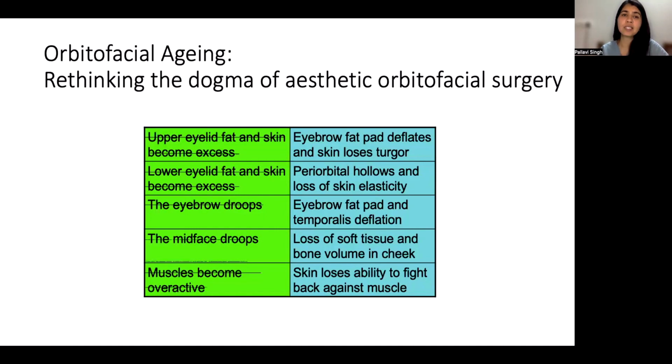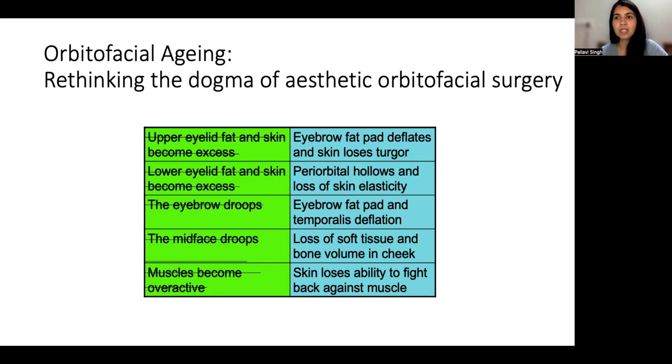So one of the things that I think it's important to stress about, and I think Dr. Rizuja already talked about it, but the concept of excessive skin, which was very popular earlier, has changed. That concept has changed to volume loss as we age. So what essentially happens is that the subcutaneous and the deep fat pads that we have in the face tend to lose volume, and that gives the appearance of having excessive skin or sagging or drooping is what we see on the surface.